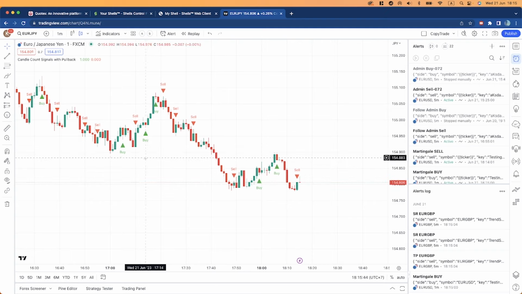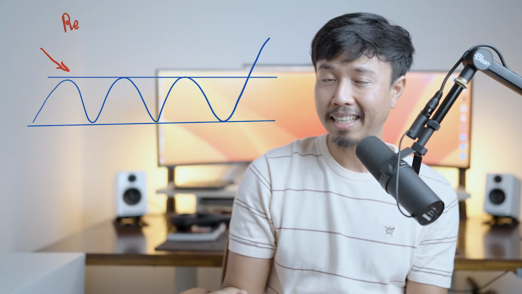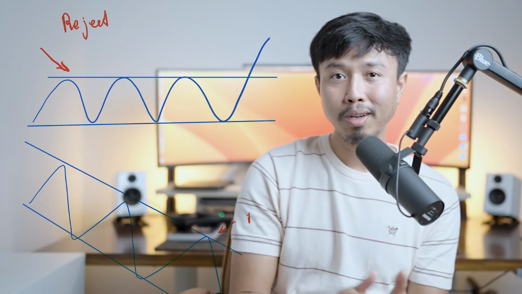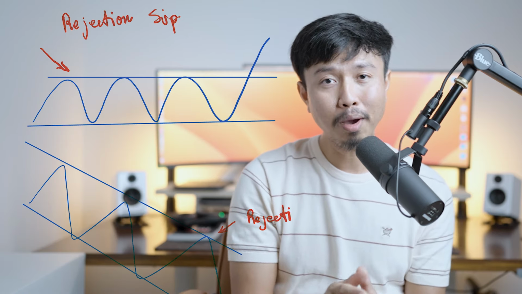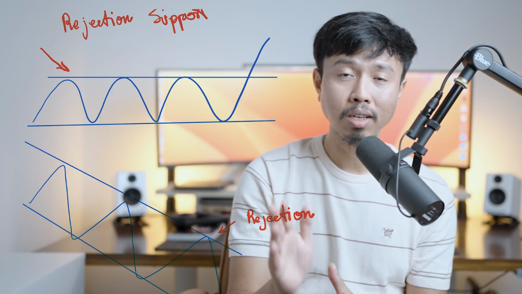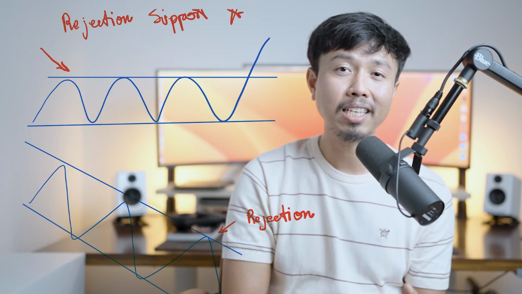And I'm also filtering with price rejection. Mostly when there is price rejection at a specific level, at the support, trend lines or resistance, these are signs that at that point the price may reverse or move in another direction.